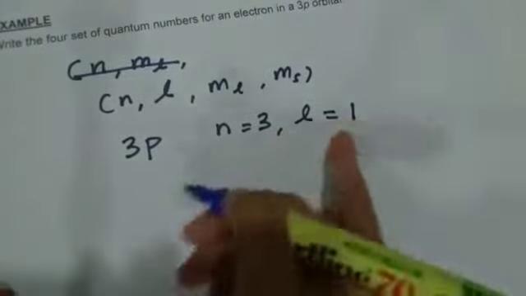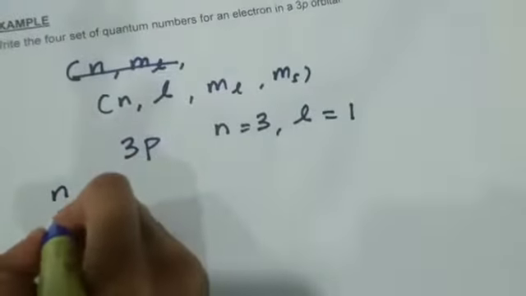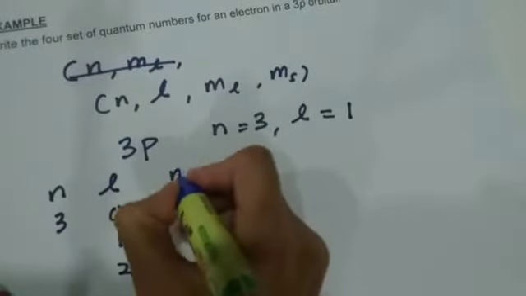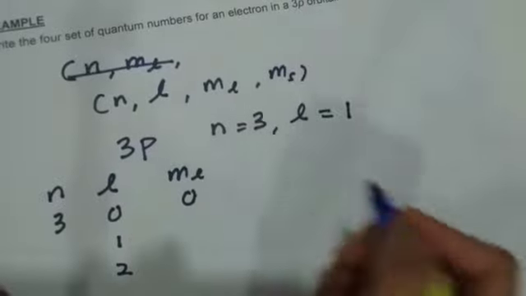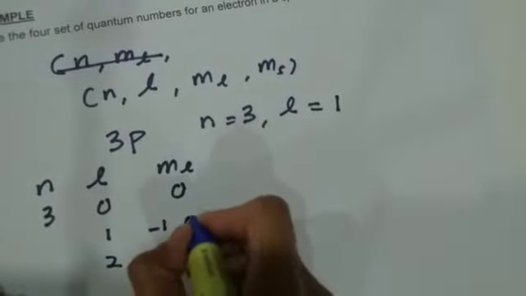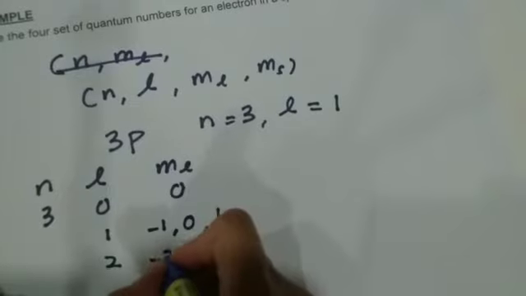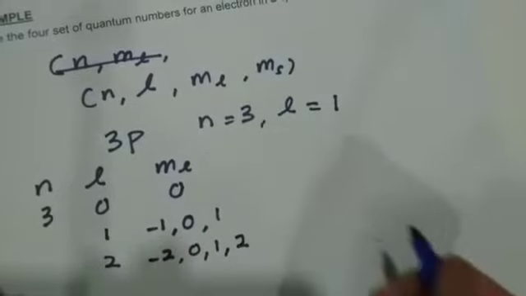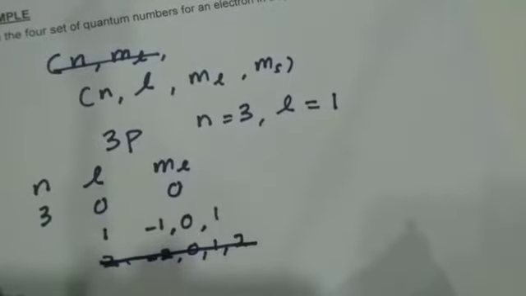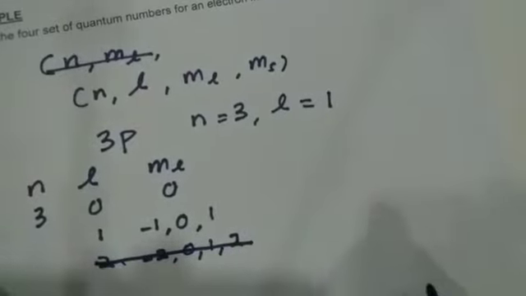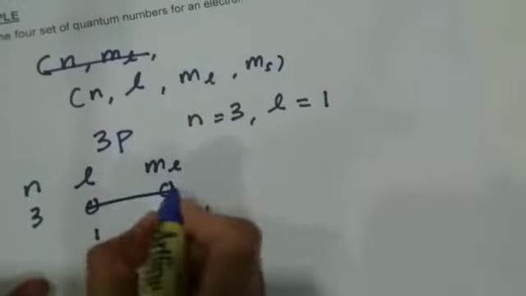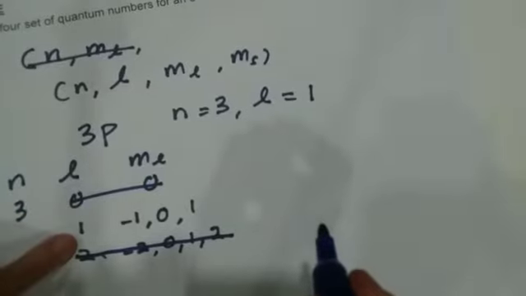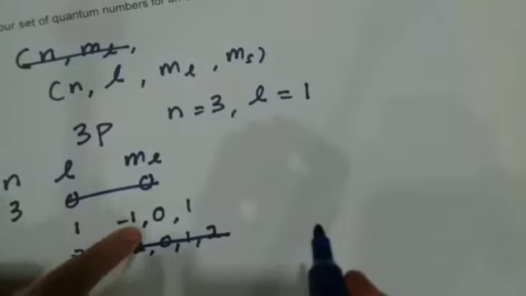We have n equal to 3, and the l values 0, 1 and 2. The ml value for the first is 0, for the next negative 1, 0, 1, and for the last negative 2, negative 1, 0, 1 and 2. Sorry, it is just 3p, they only ask for 3p. So n is equal to 3, l is 1, and ml is negative 1, 0, 1.